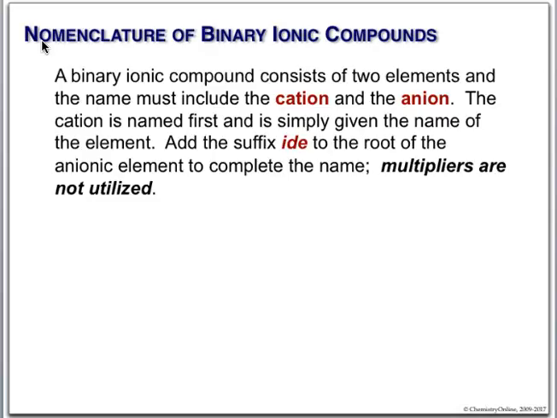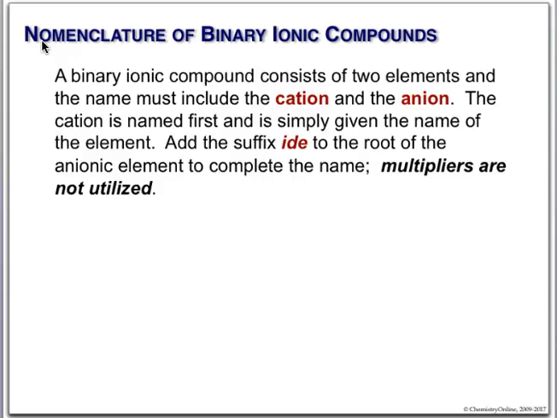In our formula, the cation always comes first. In our name, the cation always comes first. So we're going to write the cation just as the name of the element. Magnesium, whatever. That's our first word, separate word.